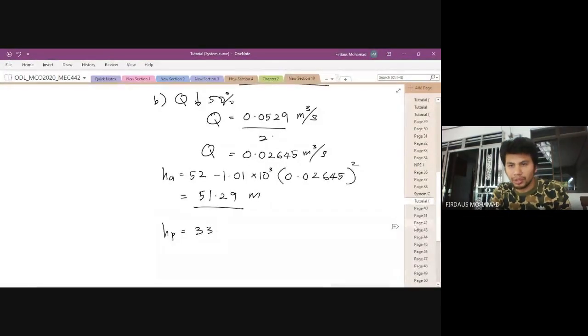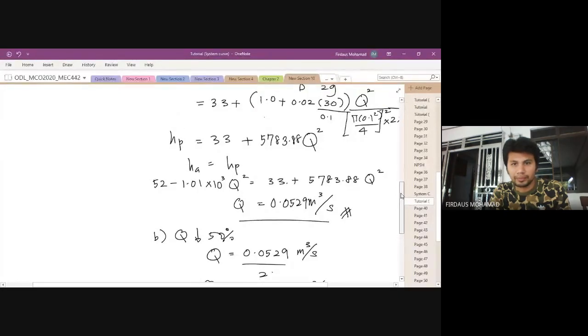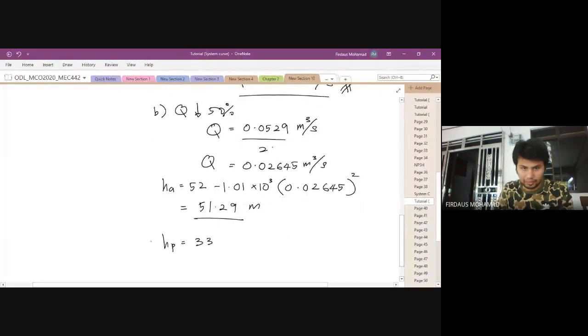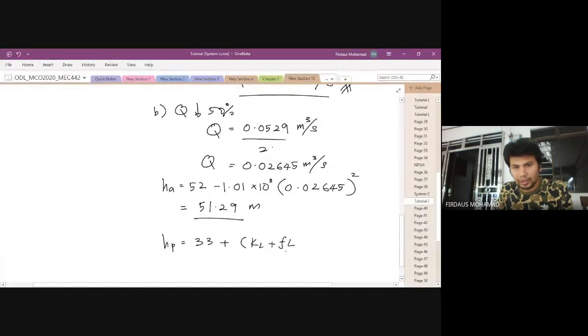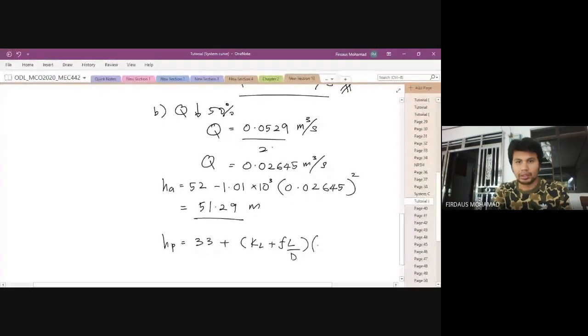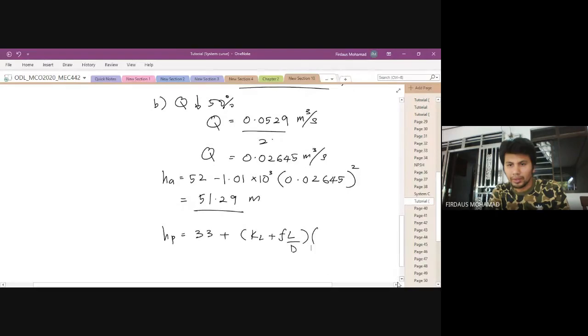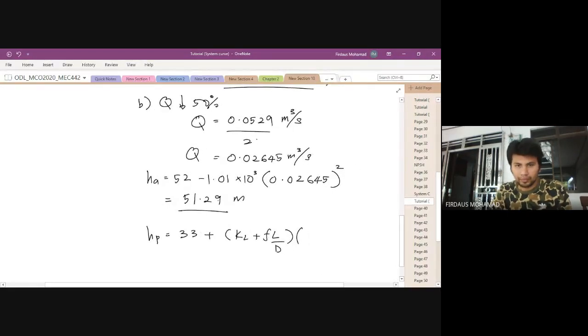Kita punya system equation 33 tambah KL plus yang ni ulang balik FL D, Q square.